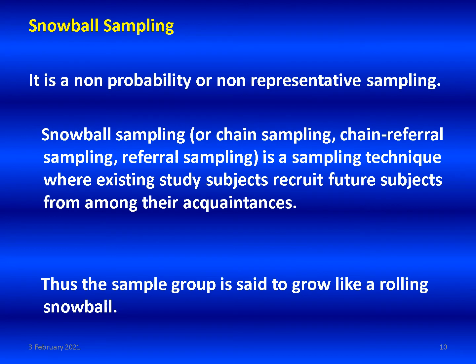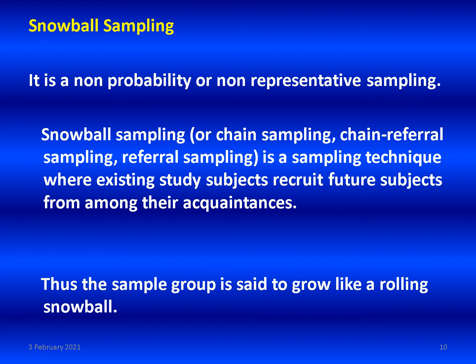Next is snowball sampling. Snowball sampling is a non-probability or non-representative sampling. It's very interesting. Snowball sampling is otherwise known as chain sampling or chain referral sampling or referral sampling. This is a sampling technique where each of the study subjects recruit future subjects from among their acquaintances. You are taking 3 samples.